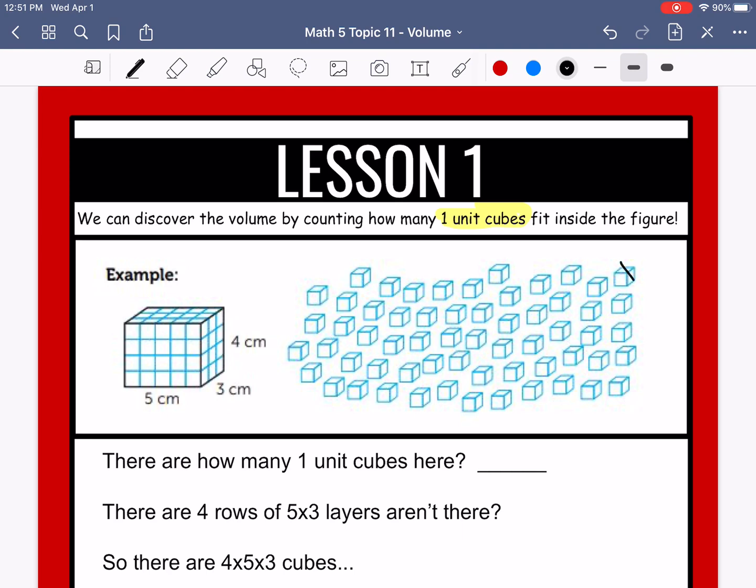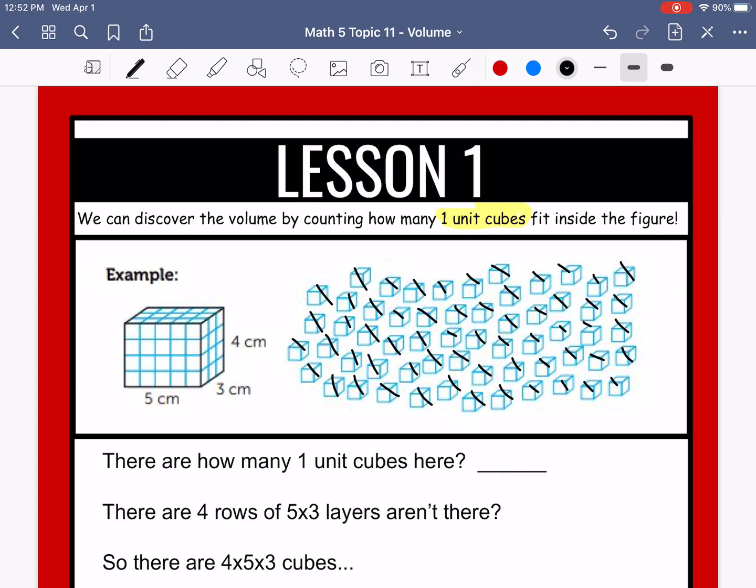Let's see here. 1, 2, 3, 4, 5, 6, 7, 8, 9, 10, 11, 12, 13, 14, 15, 16, 17, 18, 19, 20. All right, I'm already getting tired. What about you? 21, 22, 23, 24, 25, 26, 27, 28, 29, 30, 31, 32, 33, 34, 35, 36, 37, 38, 39, 40, 41, 42, 43, 44, 45, 46, 47, 48, 49, 50, 51, 52, 53, 54, 55, 56, 57, 58, 59, 60.